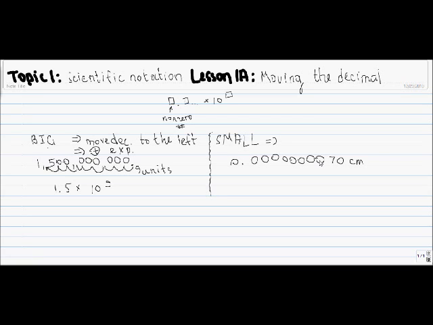You can say that some kind of atom has this kind of radius, and you can see the number is very small, very close to 0. So just to understand what's going on and how to convert this number to scientific notation, notice that for a big number, we move the decimal point to the left. In this case, we move the decimal point to the right.